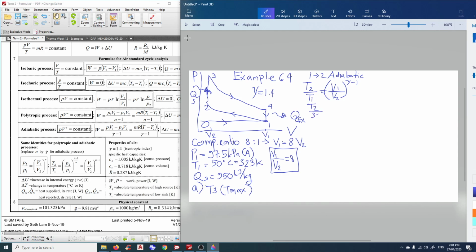T1 is 323 Kelvin, equal to V1 over V2. This is what we already established before, the compression ratio. So V1 over V2 will be 8 to the power 1.4 minus 1. Solving for T2 equals 742 Kelvin.